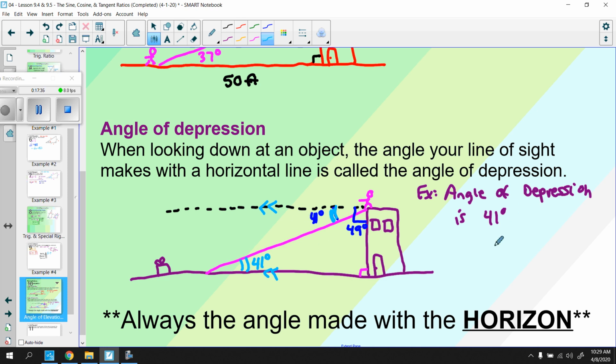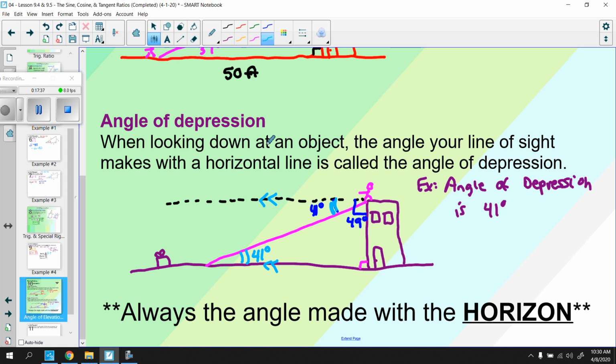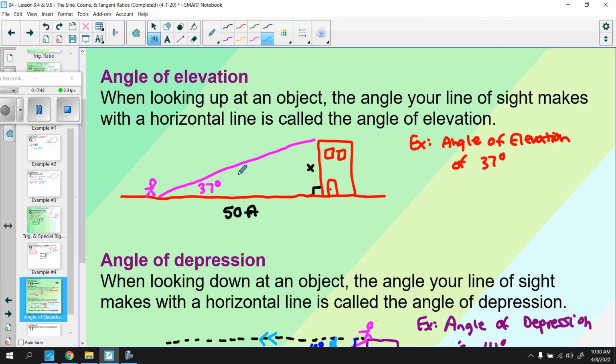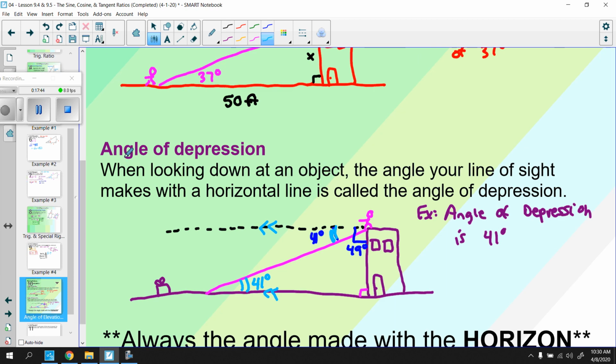So the biggest takeaway here is that whether it gives me the angle of elevation, we're on the ground looking up, or the angle of depression, we're on top looking down, that number ultimately gets put on the ground as one of your acute angles in your triangle. So there's a little bit of terminology here, making sure that we're practicing that. Go back, watch this section if you need to review those terms.